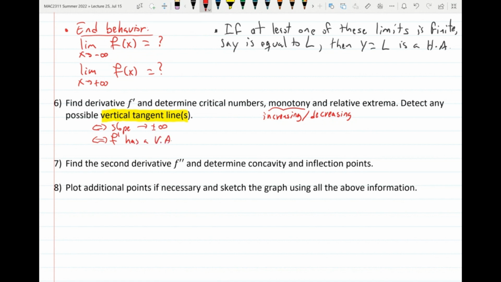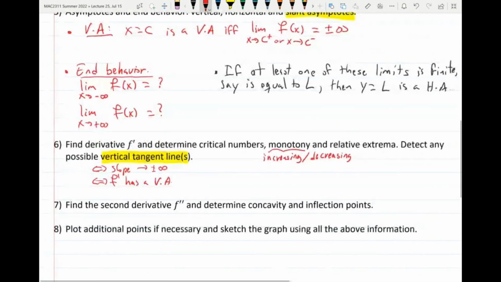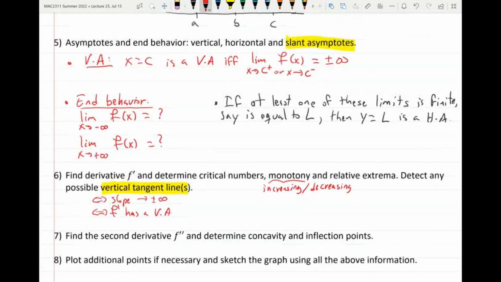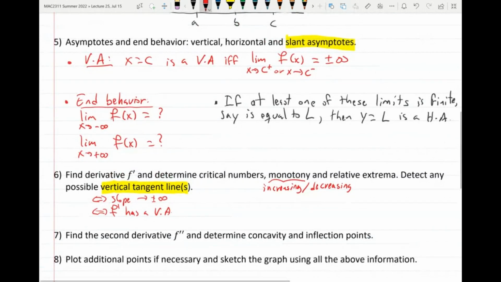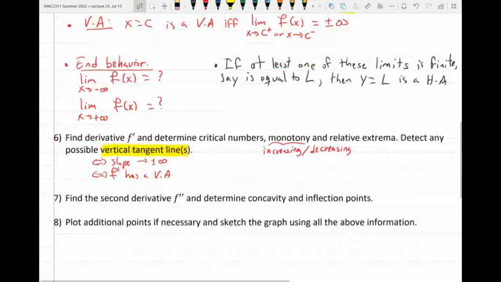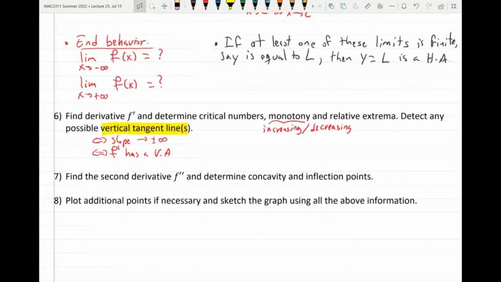So when you find the first derivative, take a peek at the formula and think about whether that function is going to have a vertical asymptote or not. You need to know how to find vertical asymptotes; you did it for f, now do it also for f prime. If you find a vertical asymptote and that point is actually a point on the graph of the function f, then we're going to have a vertical tangent line.